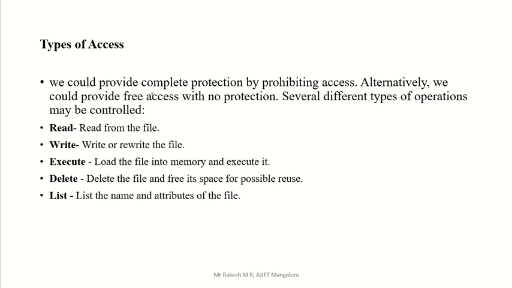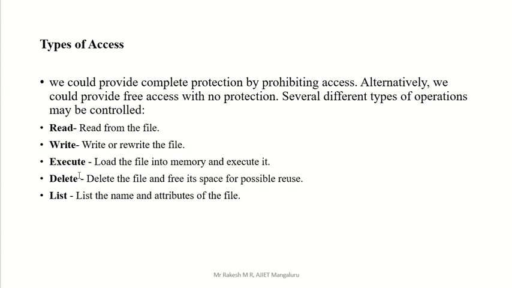by any person. Now here several different types of operation are there. One is read. Either read only is possible, we can read the file but can't write anything, or we can change access to only write access, or only execute access, where only execution is possible at that time for that particular person.